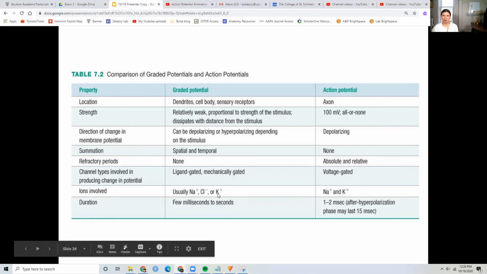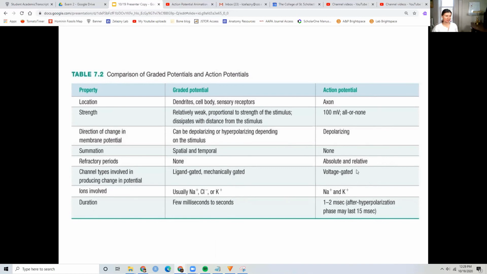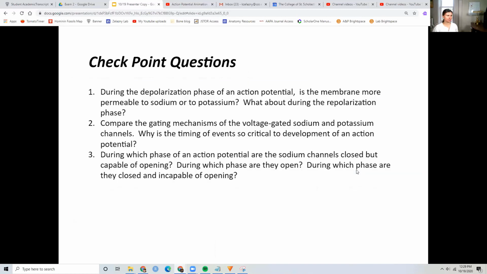And you should also know that they are slightly different in duration. A graded potential is a few milliseconds to seconds, and an action potential is more specific. An action potential is 1 to 2 milliseconds. And that's because they're always the same, so we're not going to see this variation in their effects.